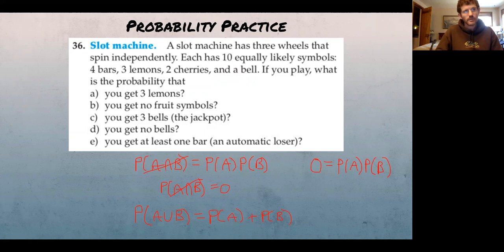So if, I'm trying to think of a good example. Maybe if your event A was flipping a coin and getting heads or tails. So the probability of heads or tails.